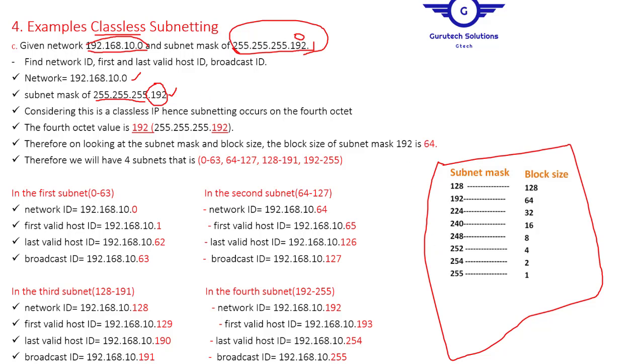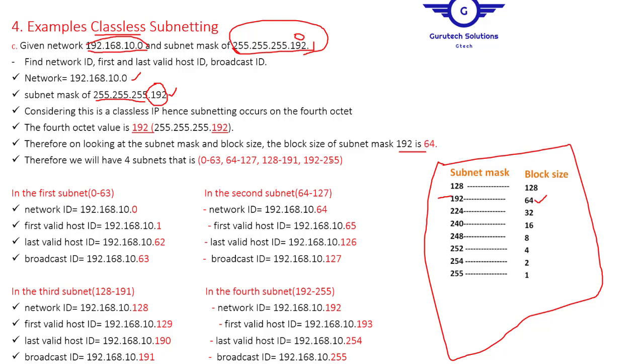If you check under subnet mask, you see that 192 corresponds to a block size of 64. So looking at the subnet mask and block size, the block size of mask 192 is 64. It's the 64 that we use to move from one subnet to another. So for example, we can have a subnet from 0 to 63, 64 to 127, 128 to that one.